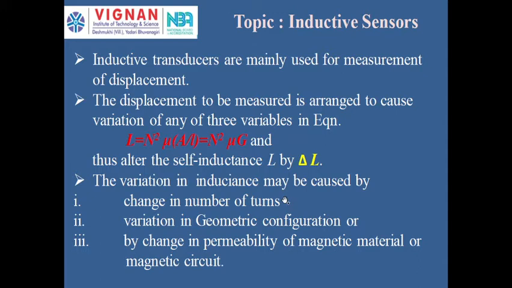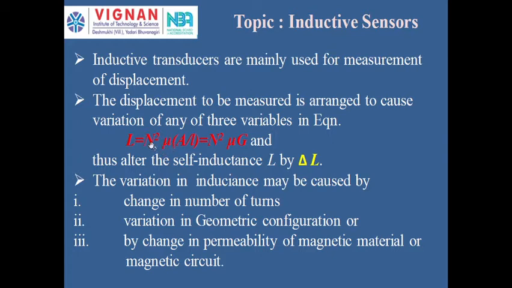The displacement which is to be measured is arranged such that it causes variation of any of these three variables. You have to apply the displacement such that it can make a variation of any of these three parameters.